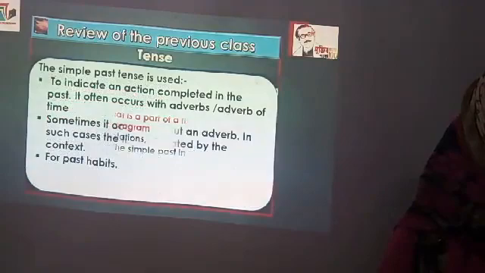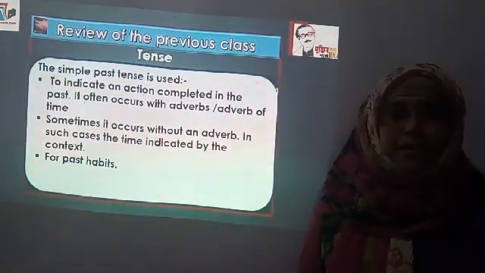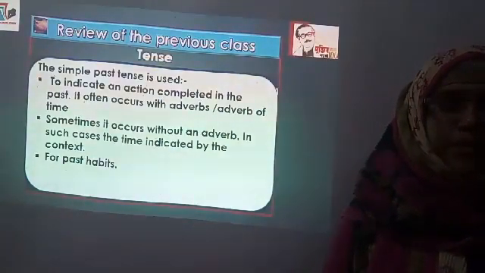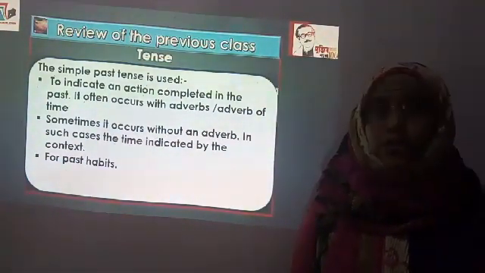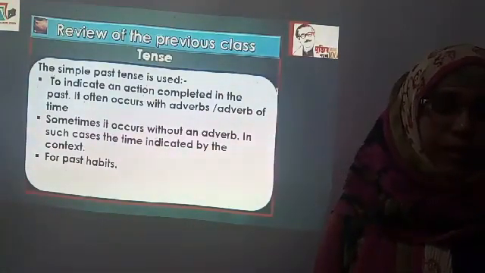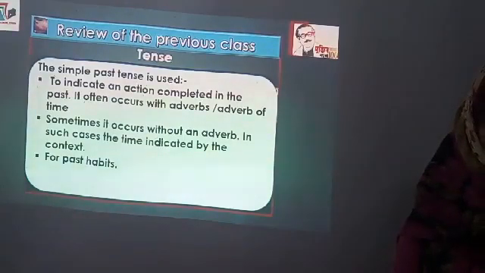And also the past tense is used to indicate an action completed in the past. It often occurs with an adverb of time. Sometimes it occurs without an adverb. In such cases, the time is indicated by the context.